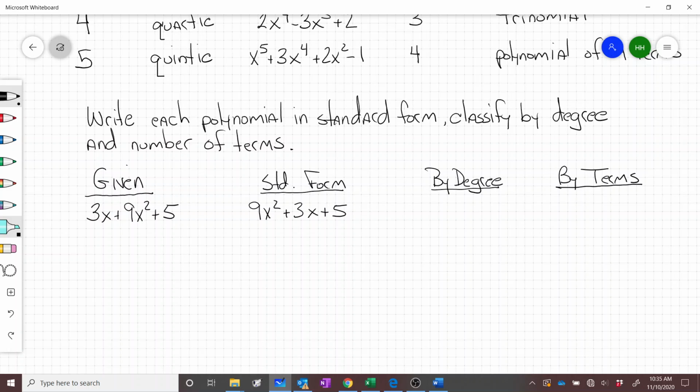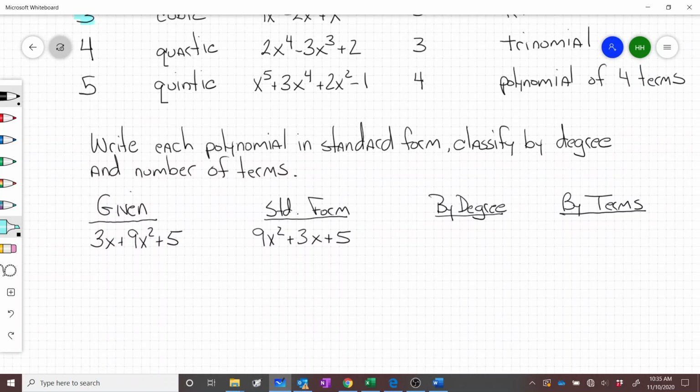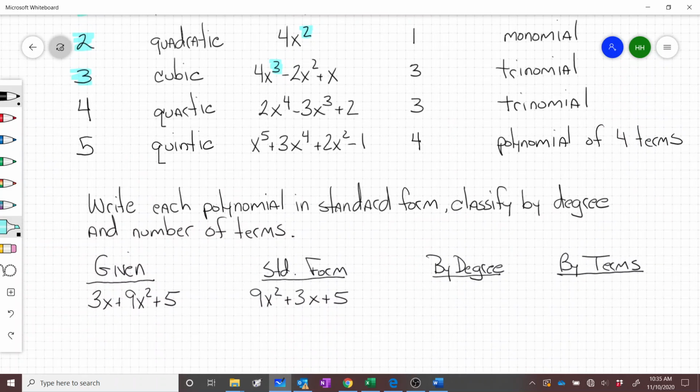If we're classifying this by degree, if 2 is our highest exponent, then this is quadratic. And it's got 1, 2, 3 terms, so that makes it a quadratic trinomial.